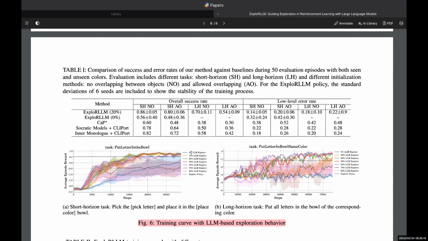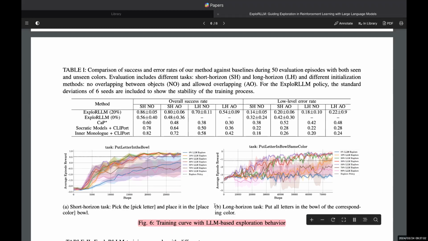If we let the reinforcement learning agents learn the task without any large language model exploration strategies, it remains at a low level of performance and also with a large variance. However, if we combine the large language model exploration strategy with the reinforcement learning agents, such as the green line, the performance of the reinforcement learning is improved by a large margin.